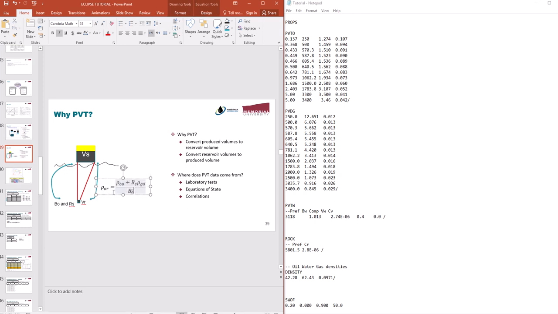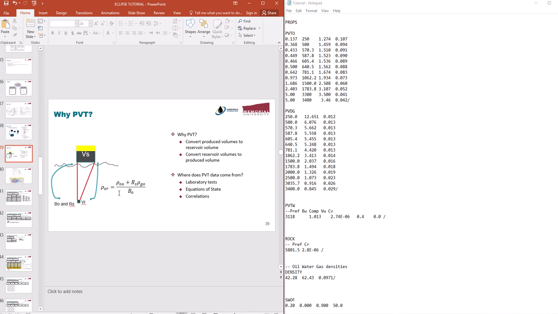So in this formula, it means that the density of oil, for example the oil phase at the reservoir condition, is a function of the density of the oil at the standard condition, the gas oil ratio, and the density of the gas at the standard condition, divided by the oil formation volume factor.